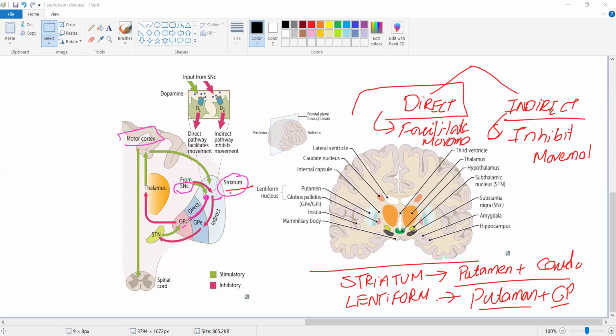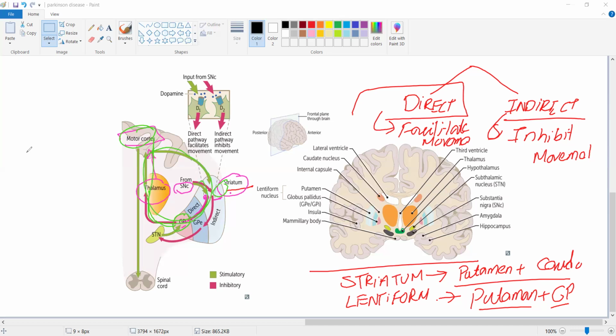And in this way, it will activate the thalamus. And in this way, thalamus gives signal to cortex to facilitate movement. So this is a direct pathway. The motor cortex goes directly to the globus pallidus: motor cortex, striatum, globus pallidus interna, thalamus, and motor cortex. So this is direct pathway, right?